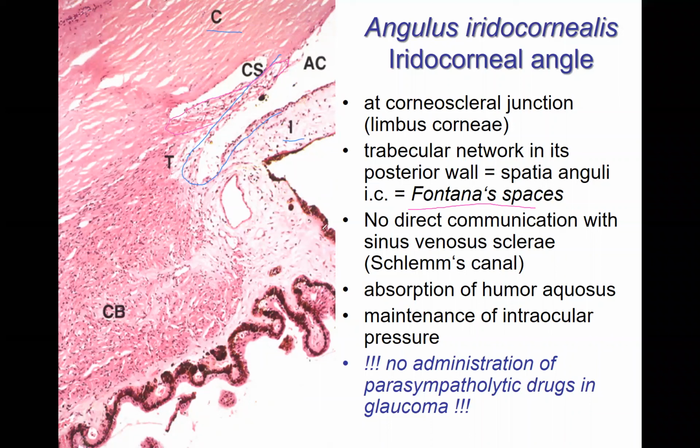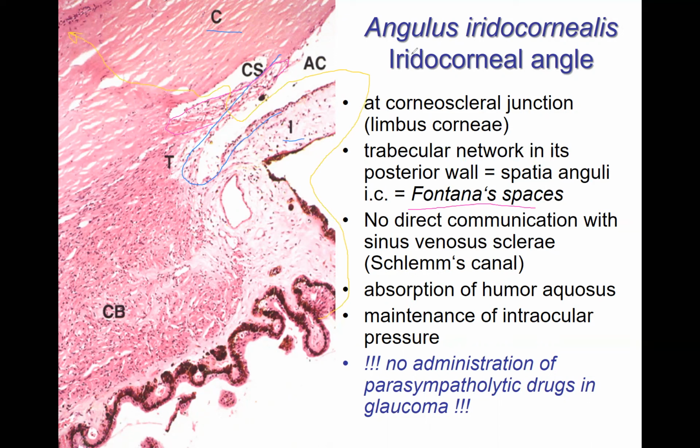And then the humor aquosus is produced in ciliary body, flows to posterior chamber, pupil, anterior chamber, iridocorneal angle, Fontana spaces, Schlemm's canal, and through the veins of sclera farther away. Yeah. So this is very important.